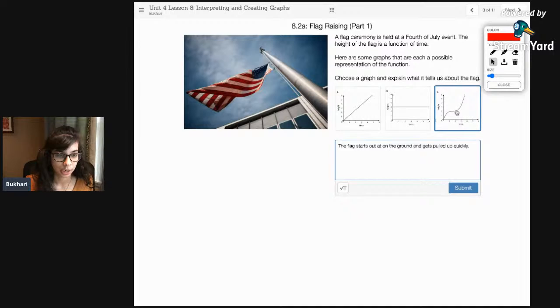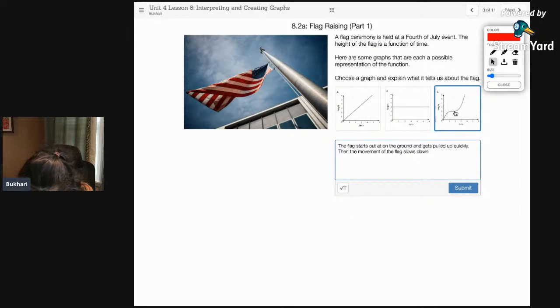So it gets pulled up quickly, then the movement of the flag slows down. And at some point, it starts to rise very quickly, right?